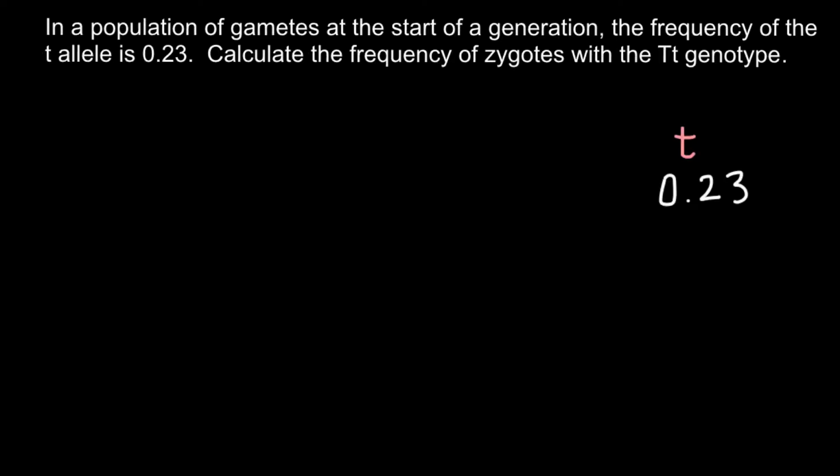When we have two alleles, recessive allele t and dominant allele T, if we add these two numbers, we are always going to get 1 or 100%, because our gene pool consists of only these two alleles. So recessive allele plus dominant allele would make 100%. And it is very easy to calculate that the frequency of the dominant allele T would be 0.77.